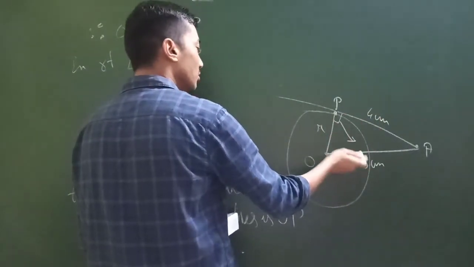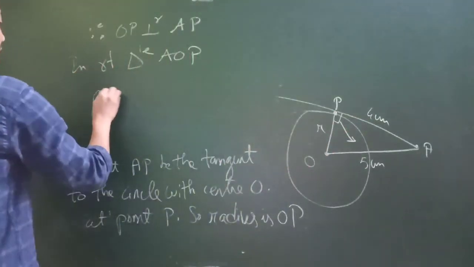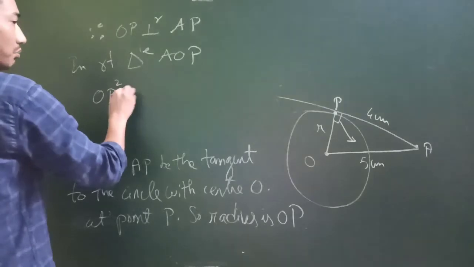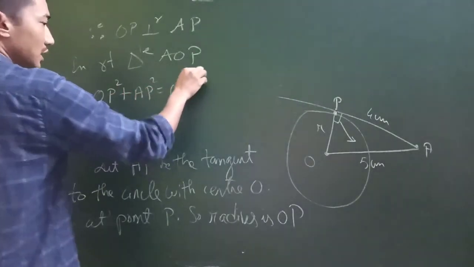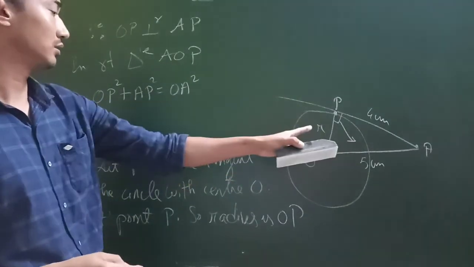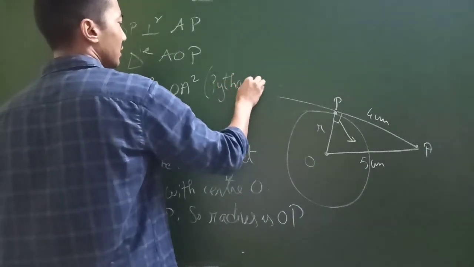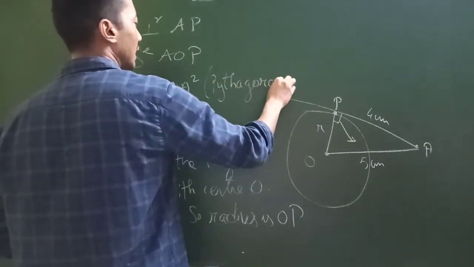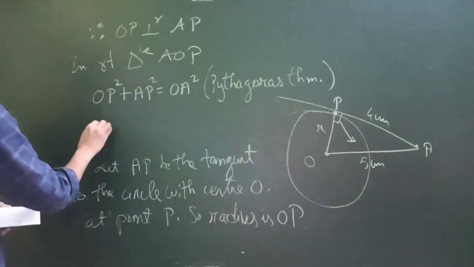I'm going to write it that way because I have to find OP. So OP square plus AP square is equal to OA square. If you have to write it down, you can just write: by Pythagoras theorem.